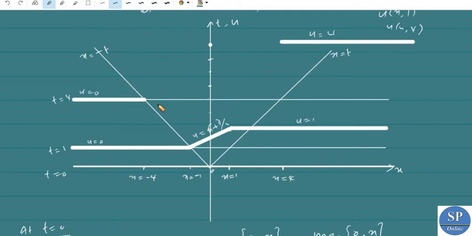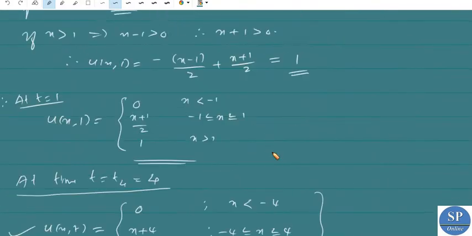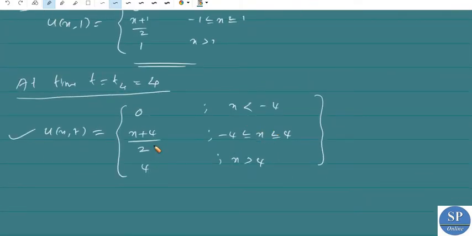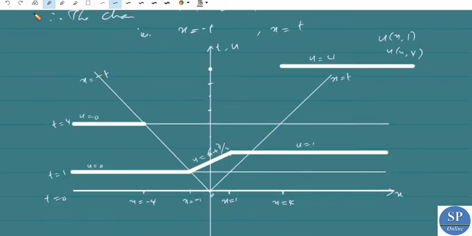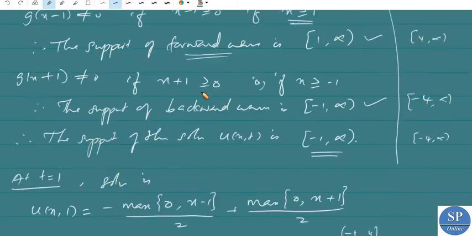And when x lies between minus 4 and 4, we have the curve, which can be drawn like this, from this to this. That curve is u equal to x plus 4 divided by 2.